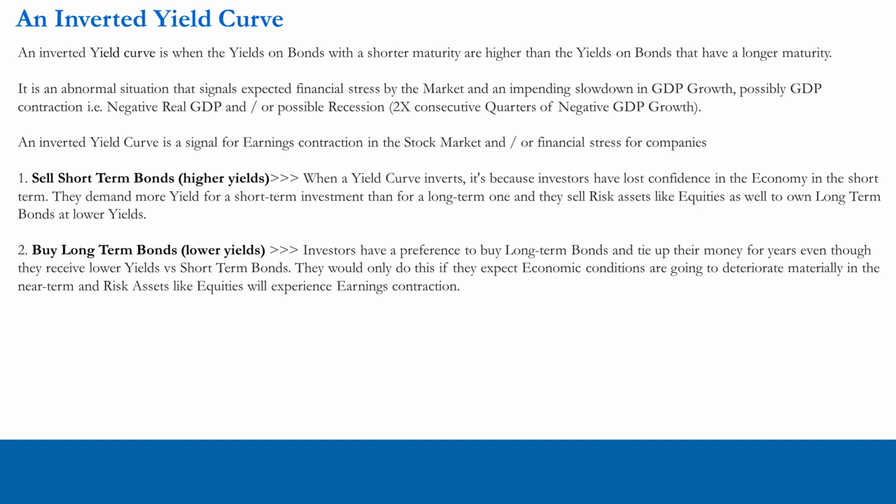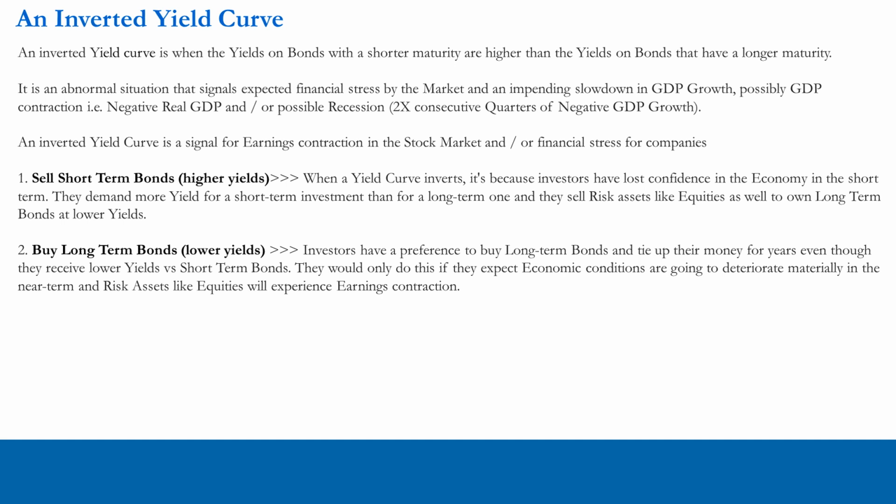So what is the market actually doing here? Well, they're selling short-term bonds and buying long-term bonds. Let's start with selling short-term bonds. What is happening? Well, the selling of short-term bonds creates higher yields in the short end of the curve, relative to the longer term, where buying of long-term bonds is occurring.